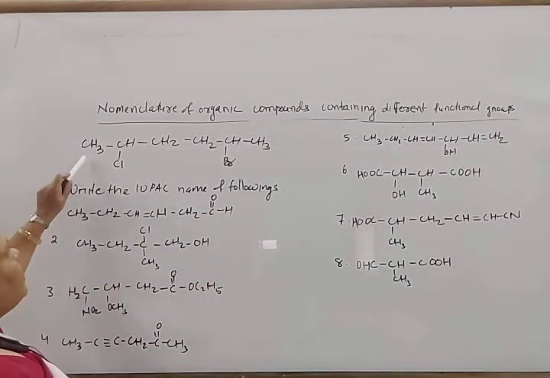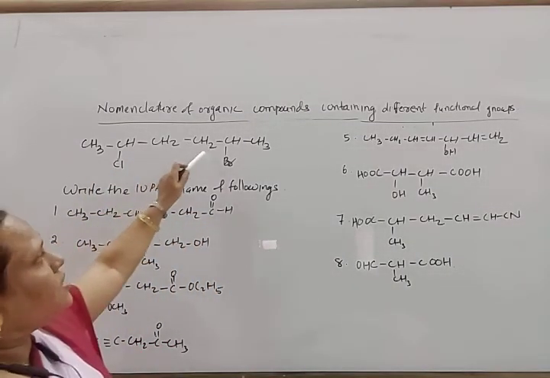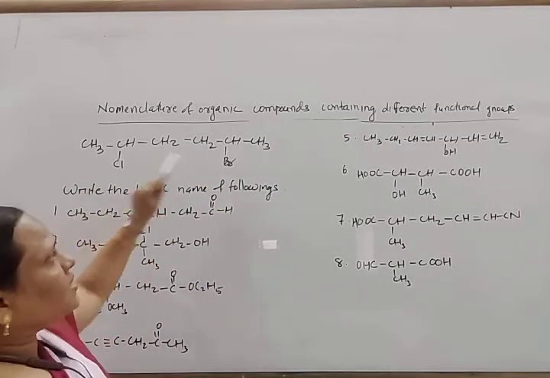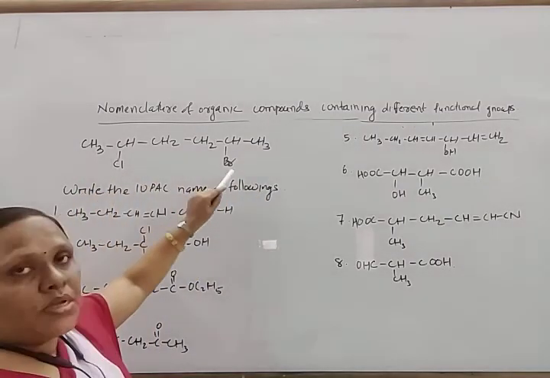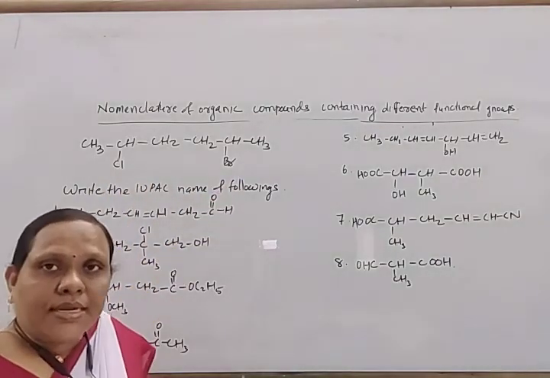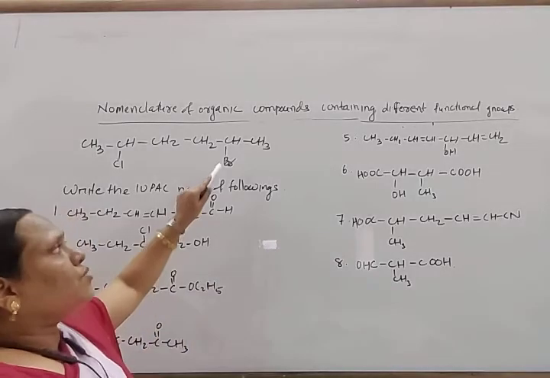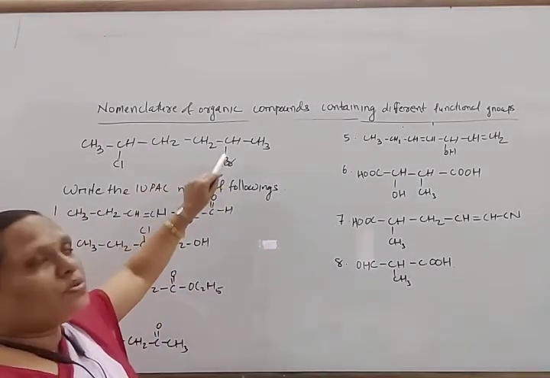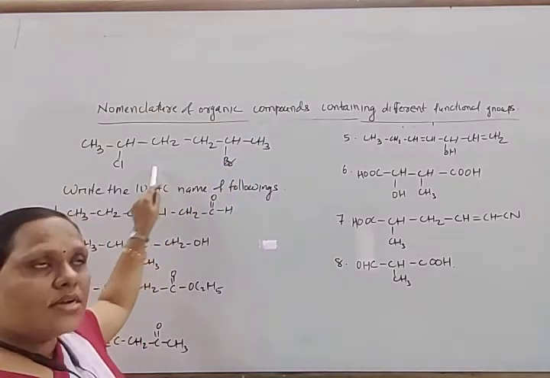Look here, in this case, CH3, CH, CH2, CH2, CH, CH3 is given. Here two substituents are there, chlorine and bromine. For chlorine, chloro; for bromine, bromo. But alphabetically B comes first. So bromine should be given the lowest position compared to chloro.